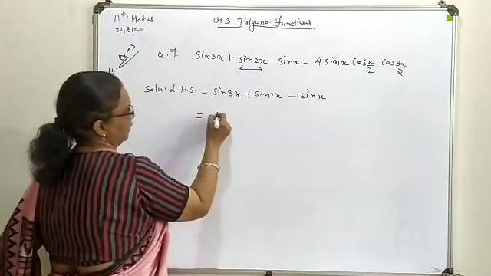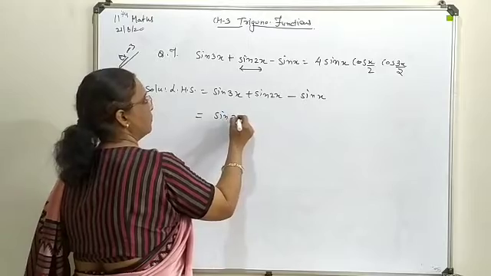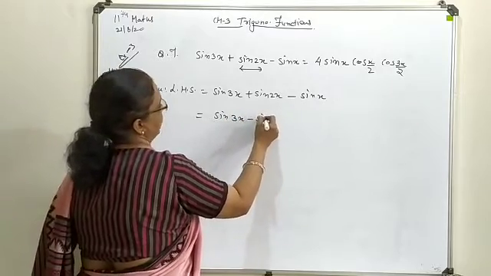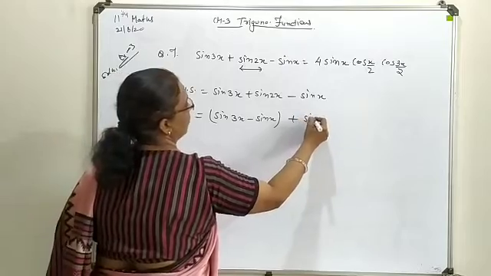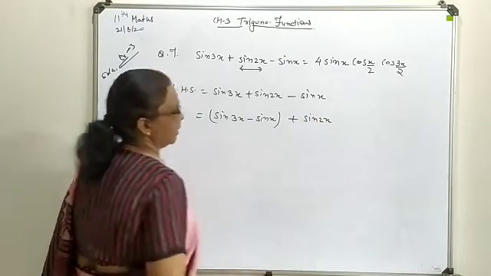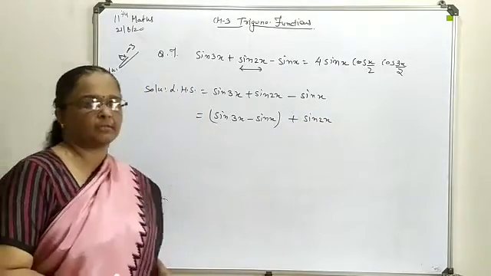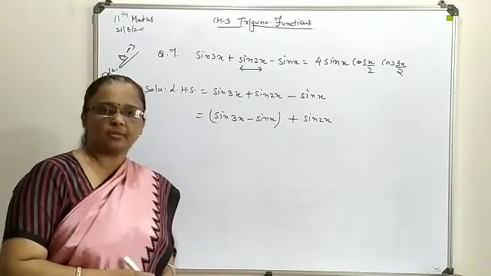In order to do that, sin 3x and sin x we are going to make in one bracket, keeping this sin 2x common, because the expansion form of sin 2x we know as 2 sin x cos x.